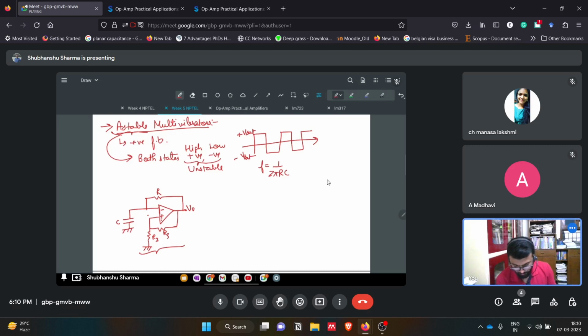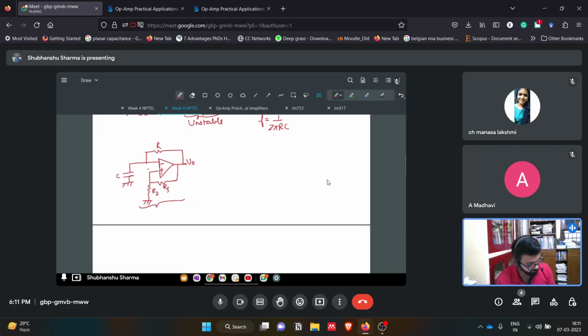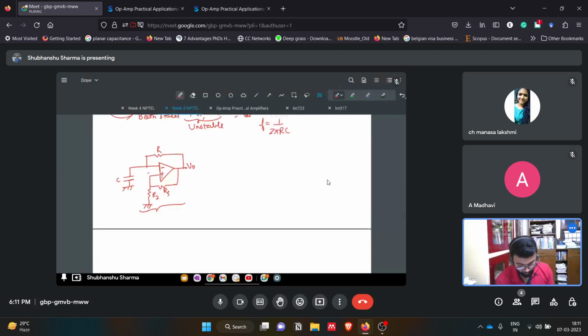Since we have added an RC circuit, we'll see how this astable multivibrator works.